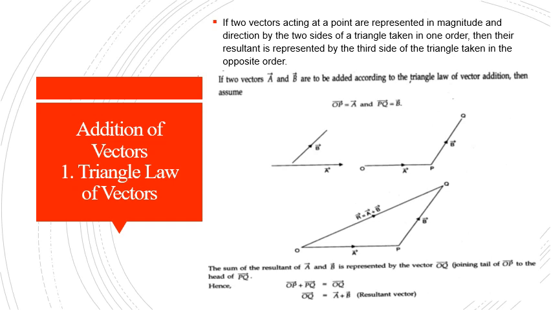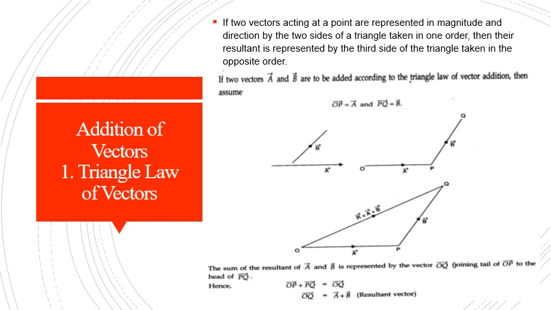From the head of OP, draw a vector PQ equal and parallel to vector B. Then the resultant vector is given by OQ, which joins the tail of A and head of B.